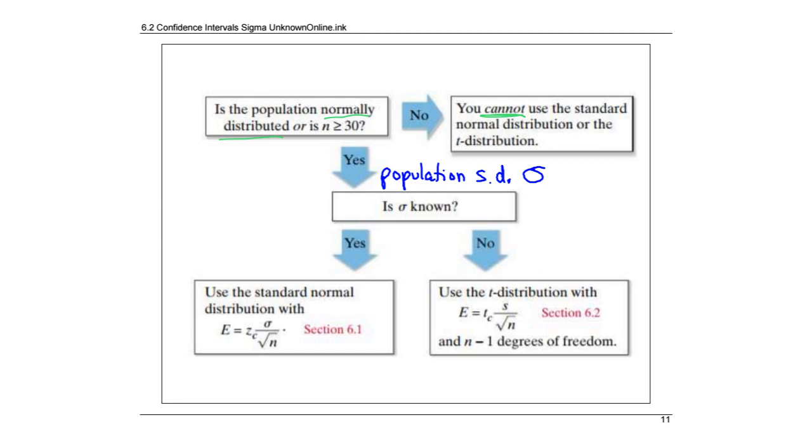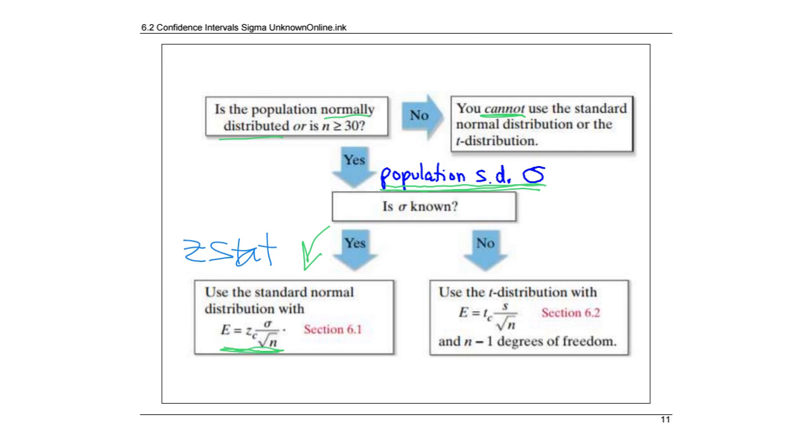Now, if one or the other of those is true, then we come to the next box, and we want to know whether the population standard deviation is known or not. If it is known, then we come down here and use the normal distribution, which means we're going to use z-stat. Or if you want to do it by hand, you have your margin of error formula here.